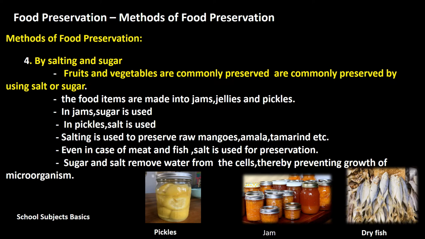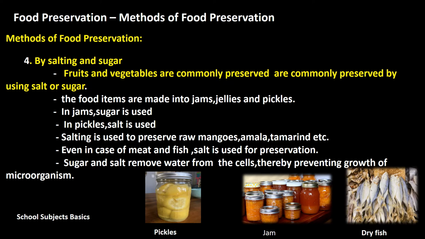Next is salting and sugar. Commonly, fruits and vegetables are preserved by this method. For example, they are converted into jams, jellies, and pickles. In jam, sugar is added. In pickles, salt is used.